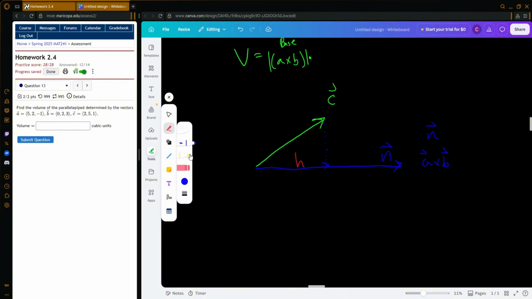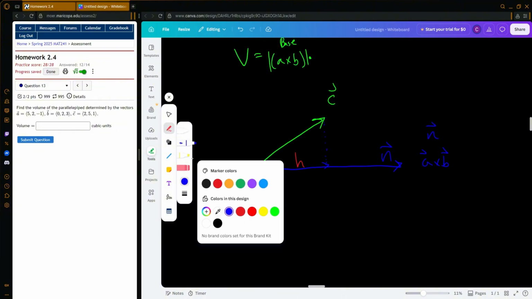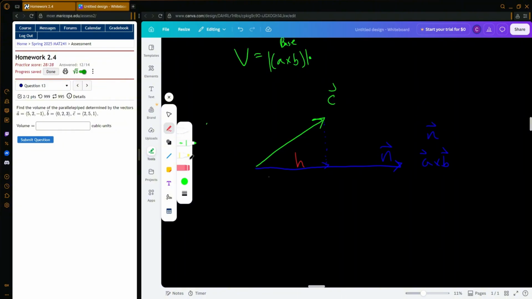To get the projection vector, we'll do what we did in the previous assignment. If this is the magnitude of C, then this side length is the magnitude of C times the cosine of theta, where theta is this angle. To get the angle between two vectors, we use the formula cosine inverse of C dotted with n over the magnitude of C times the magnitude of n.